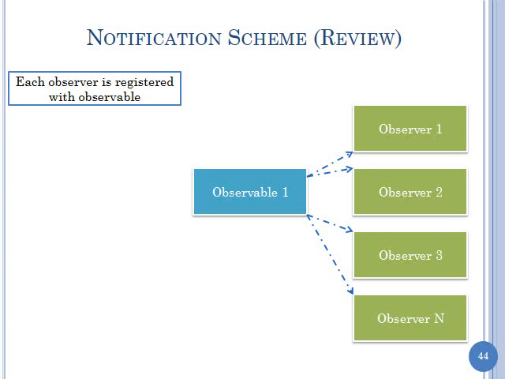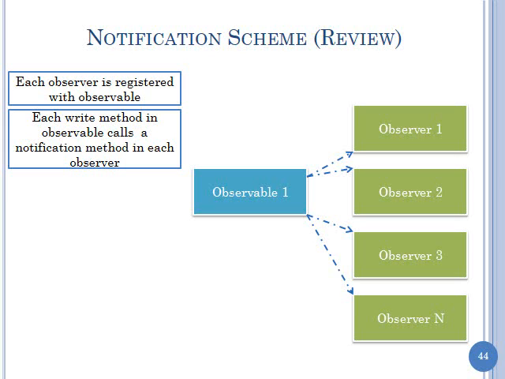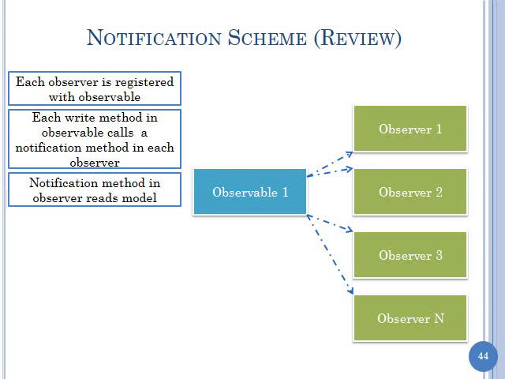Each observer is registered with the observable. That's a pattern now. We saw model view controller was a large pattern. Within it is a sub-pattern, which is the observer pattern. Each write method in the observable will call a notification method in the observer, and the notification method in the observer then reads the model.